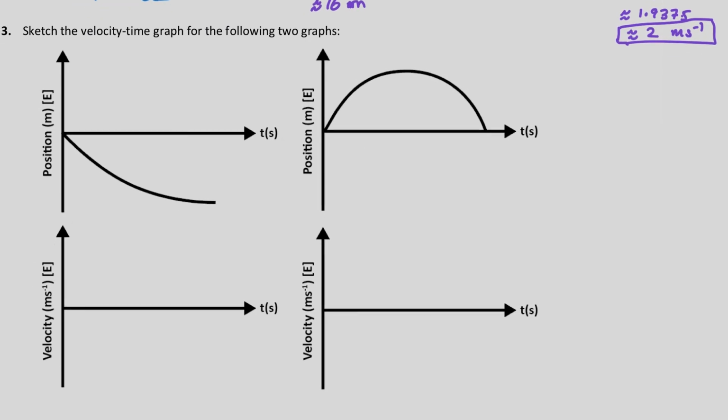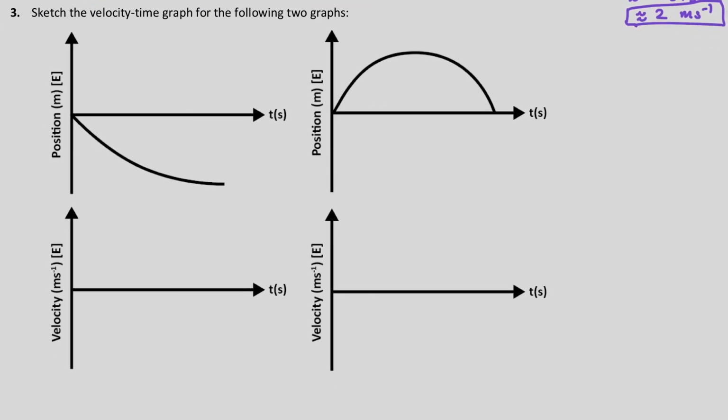Okay, there's one other question that we need to do, and that is to sketch the velocity time graph for the following graphs. Not a problem at all. I will draw some points where I'm going to draw some tangents, and then I'm just going to connect them. I'll do the same thing for this one.